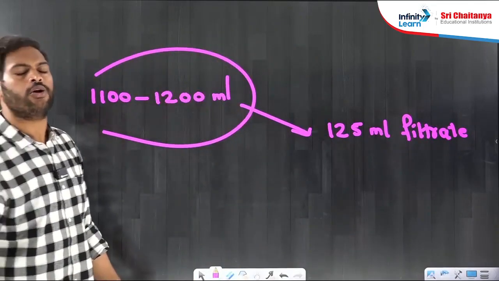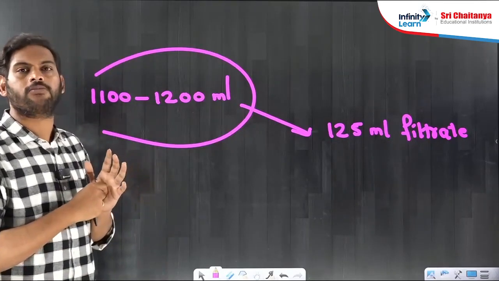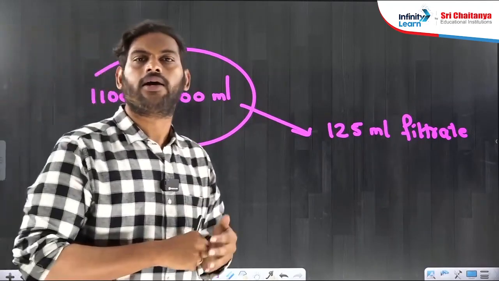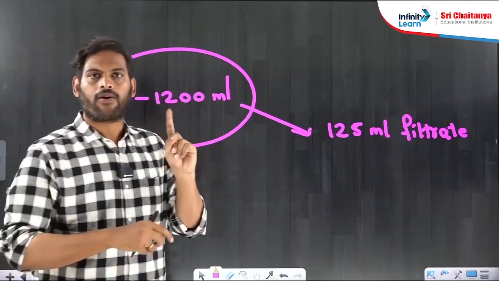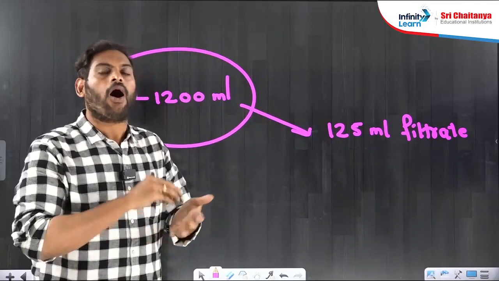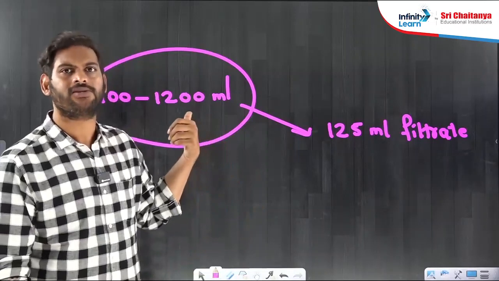Guys, as you already know, the heart pumps 5 liters of blood per minute, isn't it? You learned about cardiac output, right? The heart has the ability to pump 5 liters of blood in 1 minute. Of the 5 liters of blood pumped by the heart, how much blood is reaching the kidneys? Almost 1/5, isn't it?